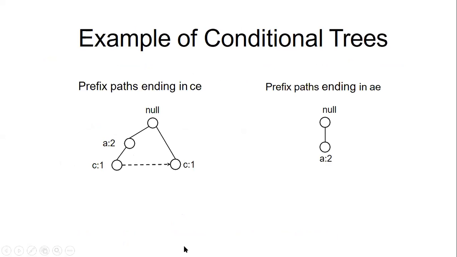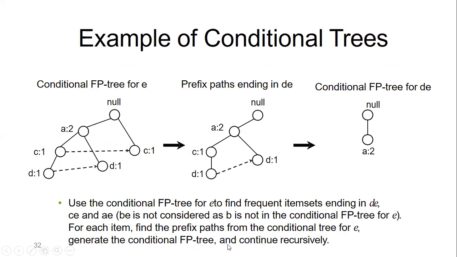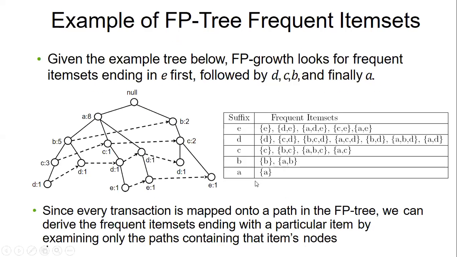That's what was told in the previous slide, recursively. Generate a conditional FP tree and continue recursively for all the nodes. So for D we get D, CD, BCD, ACD, BD, ABD, AD. Only this part I have shown you. Remaining, the same thing we have to follow for D. When we take D, we don't consider this, we consider only this part.